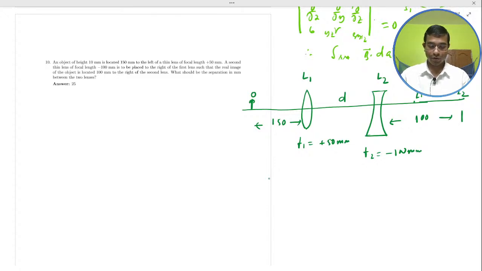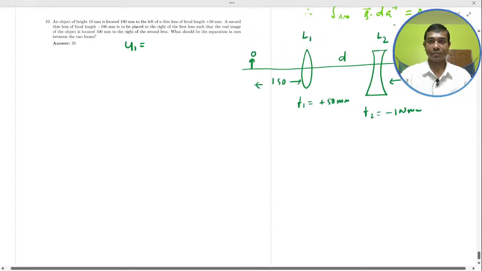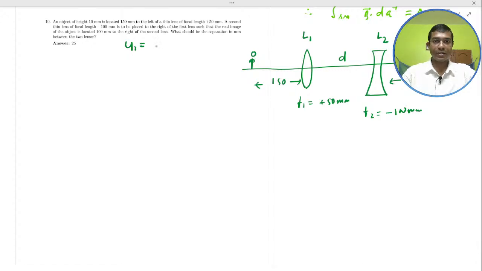Simple. So for the first lens, U1 is what? Minus 150 millimeter, and F1 is plus 50 millimeter. So by the lens equation, 1 by V1 equals 1 by F1 plus 1 by U1.